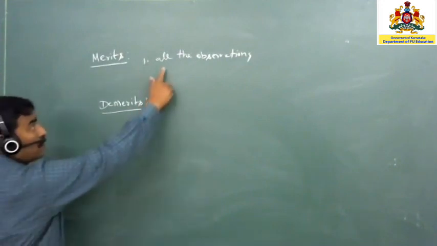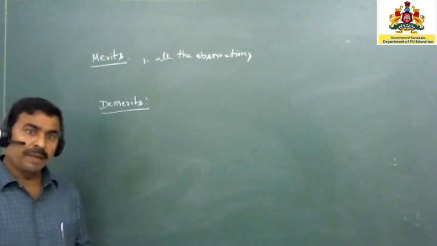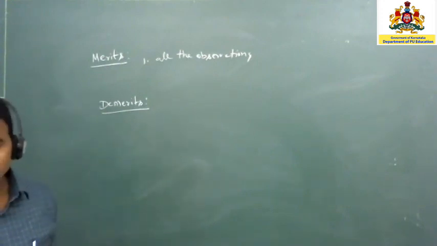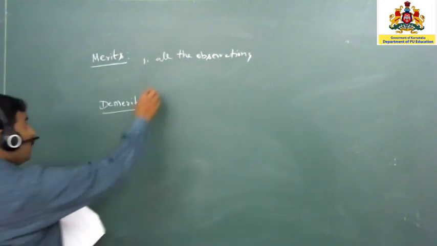So being based on all the observations is important, but it is not used in further mathematical treatment. It is well defined, meaning mathematically well defined.